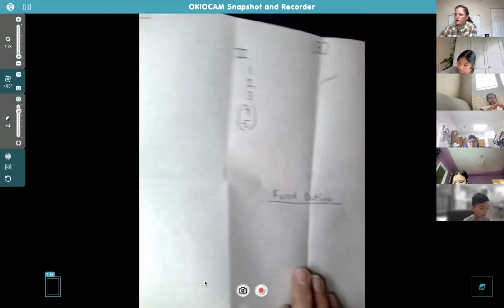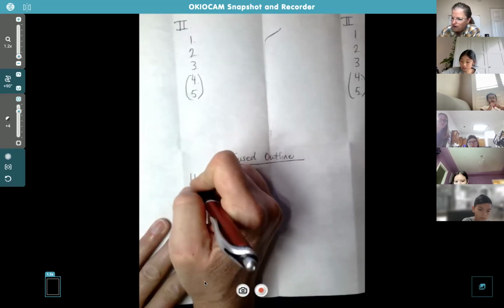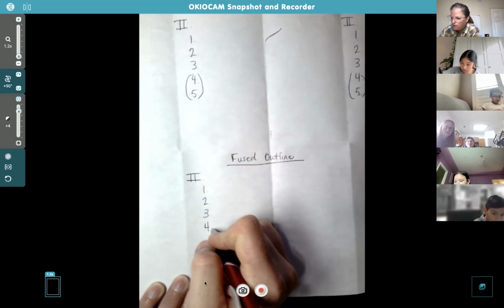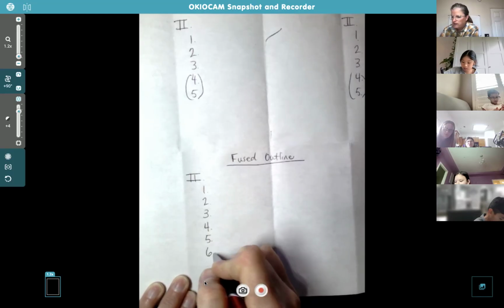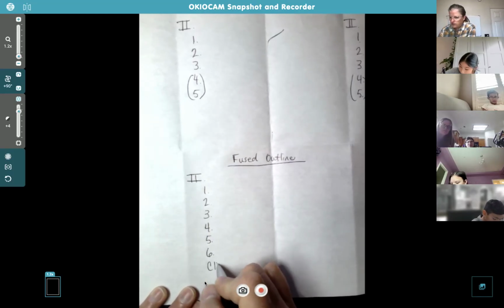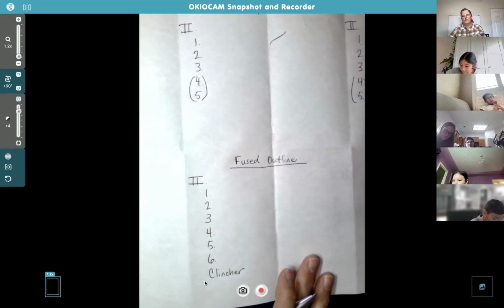And this one, let me just double check on the back so I make sure I say the right number. Yes, it's 6. So you're going to do Roman numeral 2 for your second paragraph and then 1 through 6. And this time, we're not going to put any parentheses around any because you need 6 facts about it. And then under 6, you're going to write that word clincher. So that's your fused outline.